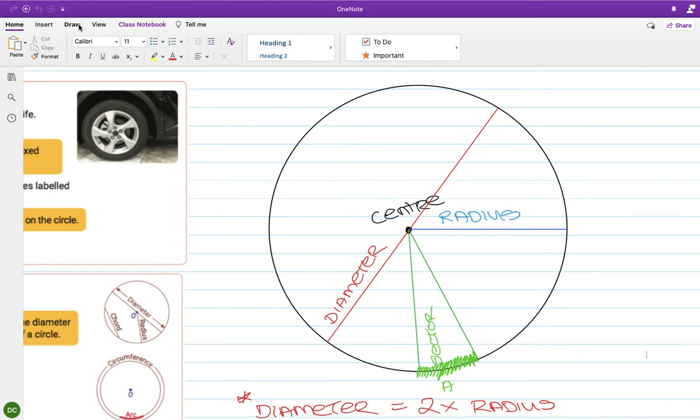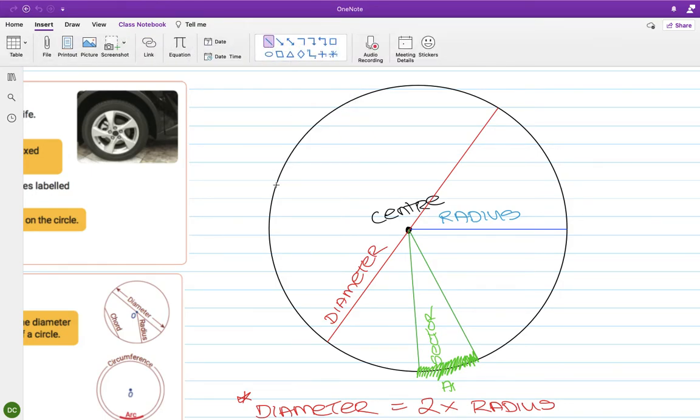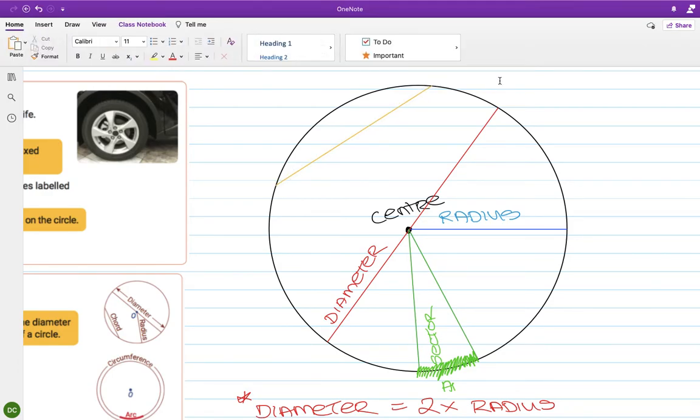Okay, and then we just have one more. Go to a different color. So a line that goes from circumference to circumference, just like that, but doesn't go through the center. Sorry, this is all just taking a couple of seconds, which is a bit annoying.